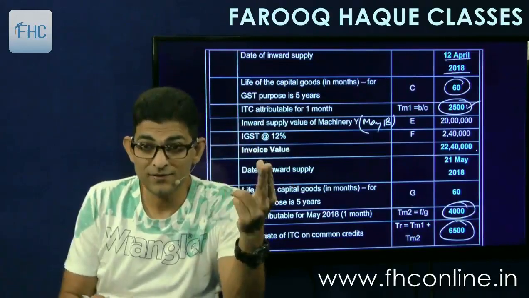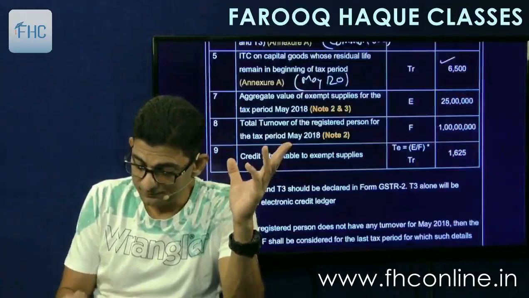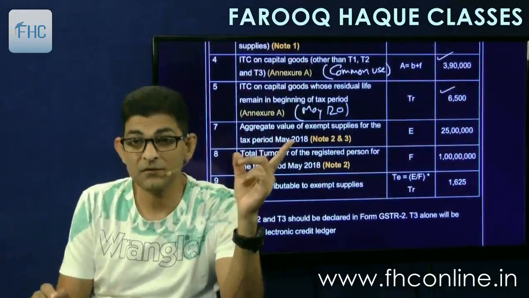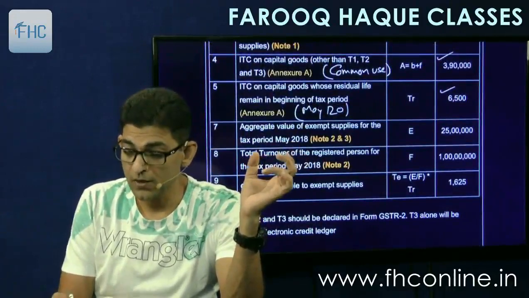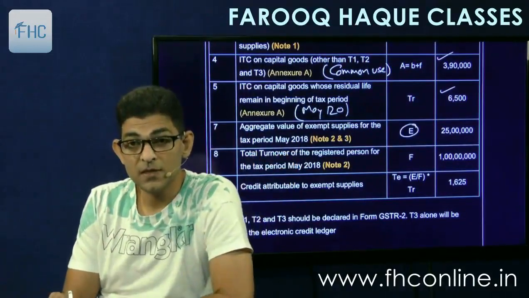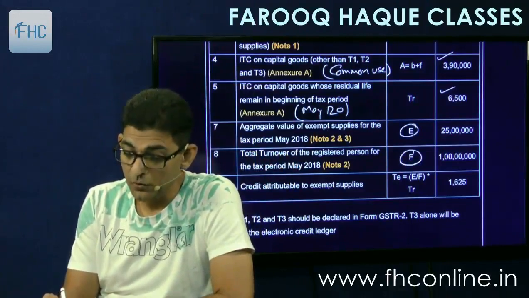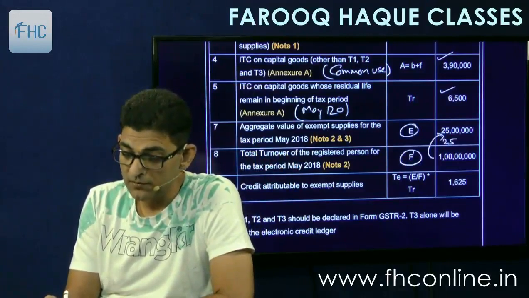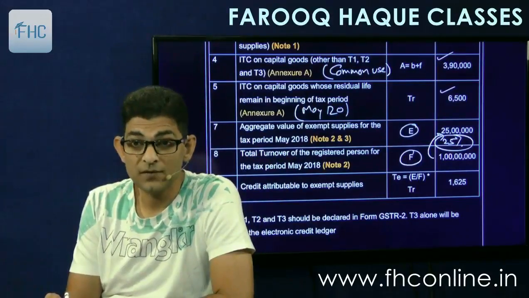So now we'll reverse. So reversal will be, come back, the figures are given, exempt supplies and taxables, total turnover. So E is turnover of exempt supplies, F is total turnover. 25 upon 1 lakh means again 25%. So what you do, you have to reverse 25% of 6,500.